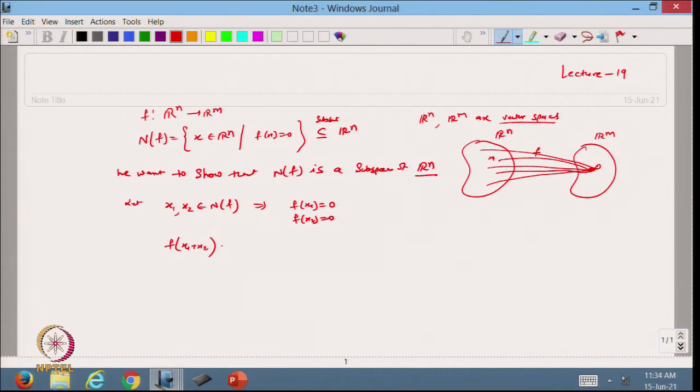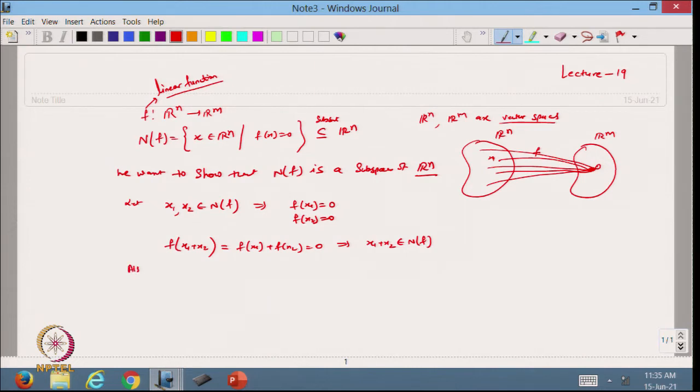Now this is a linear map, so it should be equal to f(x1) plus f(x2), because f is a linear function, and that is going to be 0. So x1 plus x2 belongs to the set N(f).